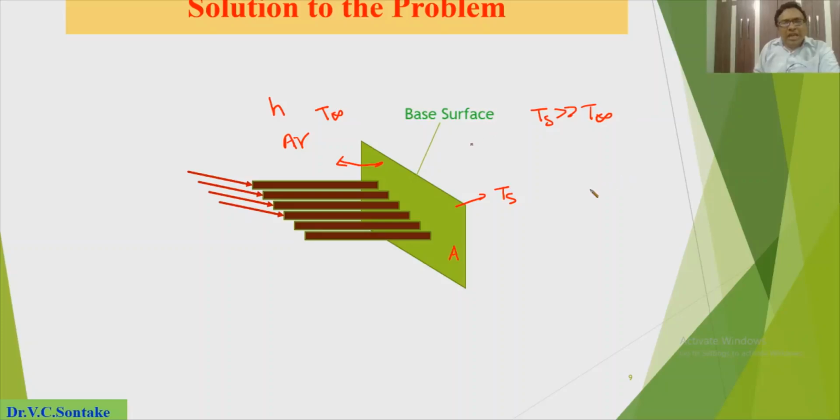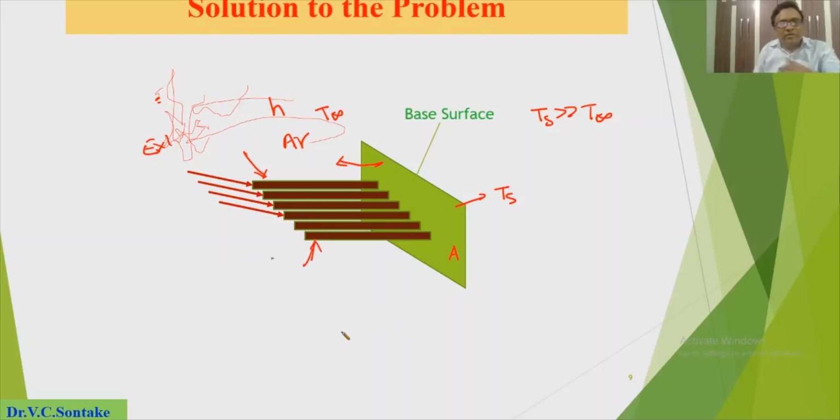So these attached surfaces which are used to enhance heat transfer rate from the base surface are called extended surfaces in general.